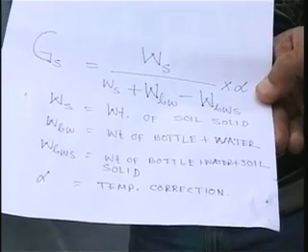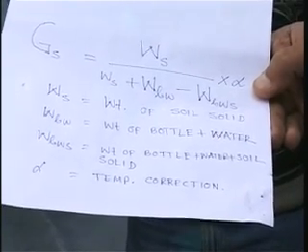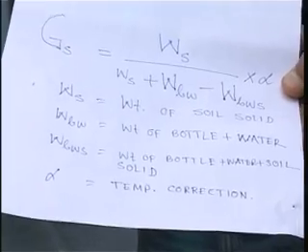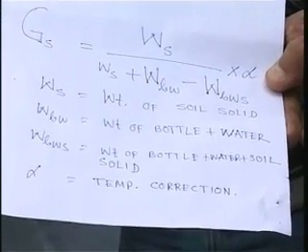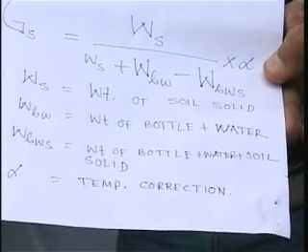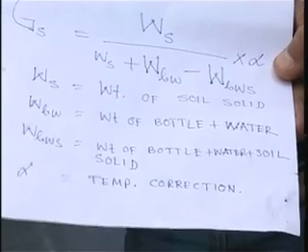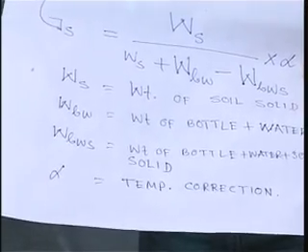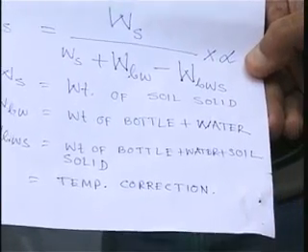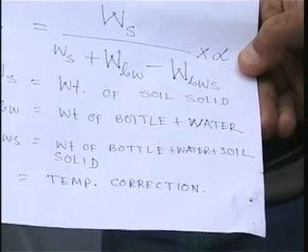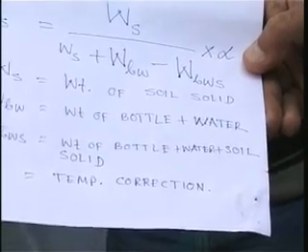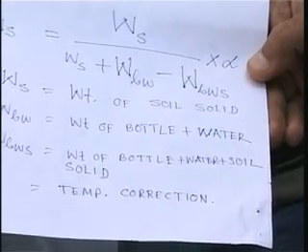W_S means the weight of soil solid taken in the flask. W_BW means weight of bottle or the flask that we had there plus water, and W_BWS is weight of bottle plus water plus soil solid, and alpha, as I was saying, is temperature correction.